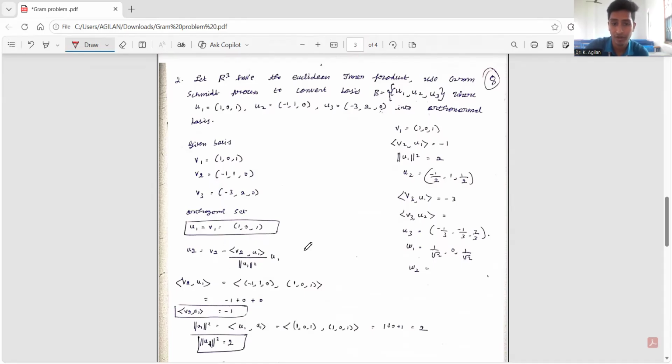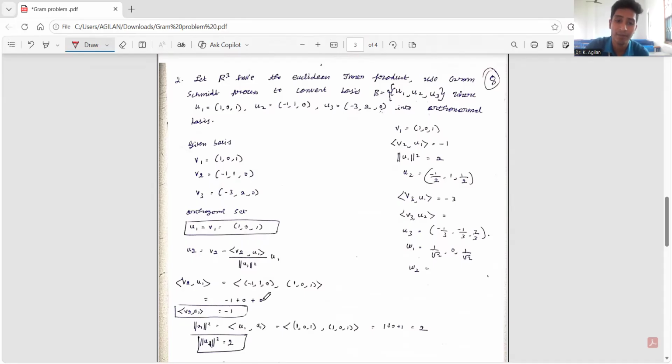We have a formula for U2, right? U2 equals V2 minus the inner product of V2, comma U1 divided by the norm of U1 whole square, into U1. We know the value of U1 and we know the value of V2. We need to find the inner product of V2, comma U1.